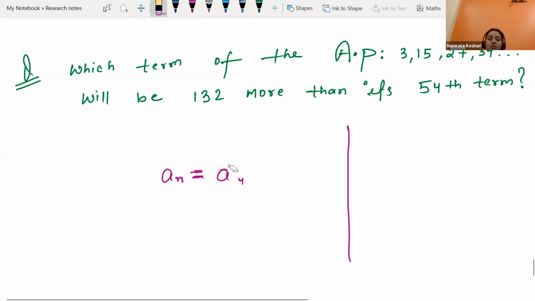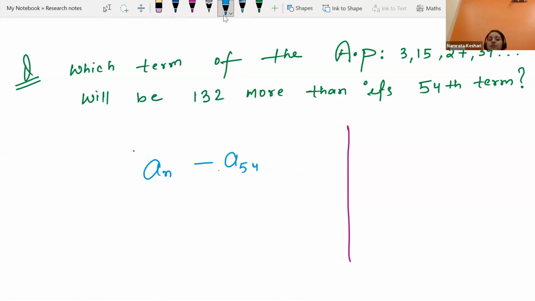Which one is the bigger term? If the nth term is 132 more than the 54th term, that means the difference of both is 132. Right? So read the question again, then see this part and tell me whether it is crystal clear or not.